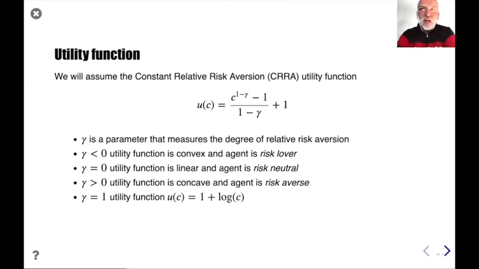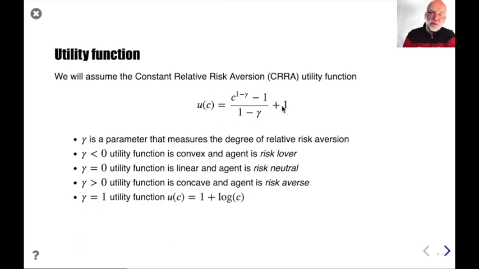Okay, so let's talk about the utility function. I already alluded to that this was the constant relative risk aversion utility function that has this particular functional form, with an exception that if gamma is equal to 1, then it's 1 plus the log of c. Okay, because you can't divide by 0, but the limit of this function as you let gamma go to 1 is actually the log, this part, and then you add 1.